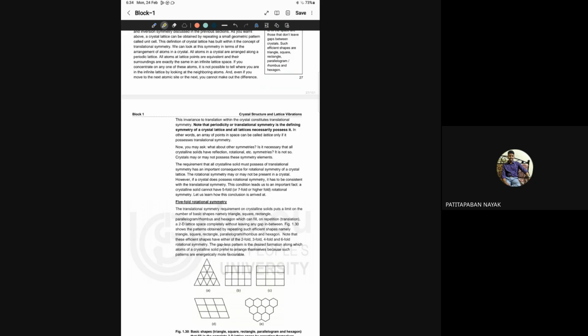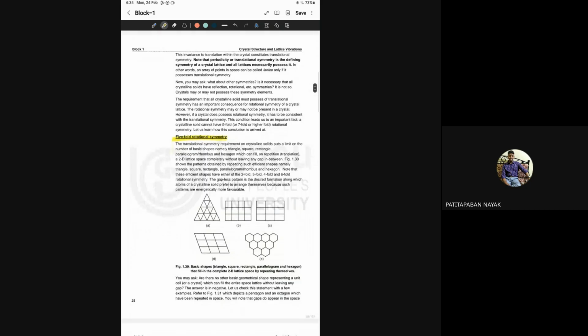Yeah. Coming back to five-fold symmetry. I was telling five-fold symmetry is not possible. So it is 1, 2, 3, 4, and 6. Why? As you can see from the diagram, if it is a rectangle, square, or triangle, it can fill up all the space.